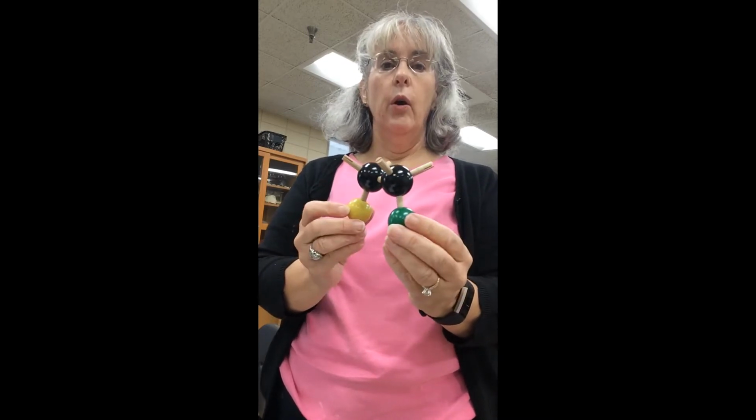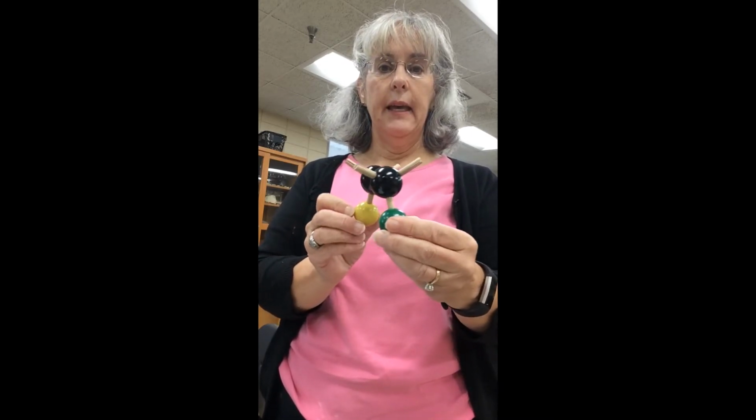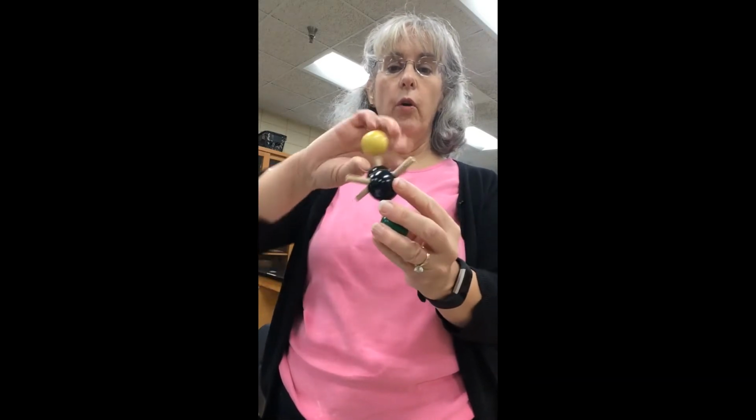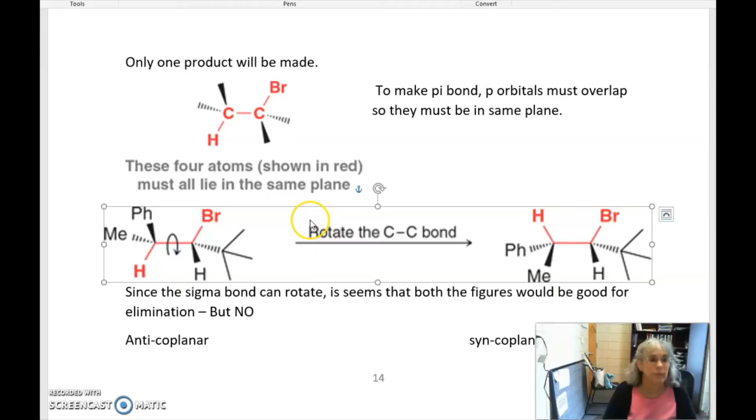If they are in a conformation like this, then we get an eclipsed form, and that's not stable. That's not going to happen. So for an E2 reaction, we have to have this conformation.